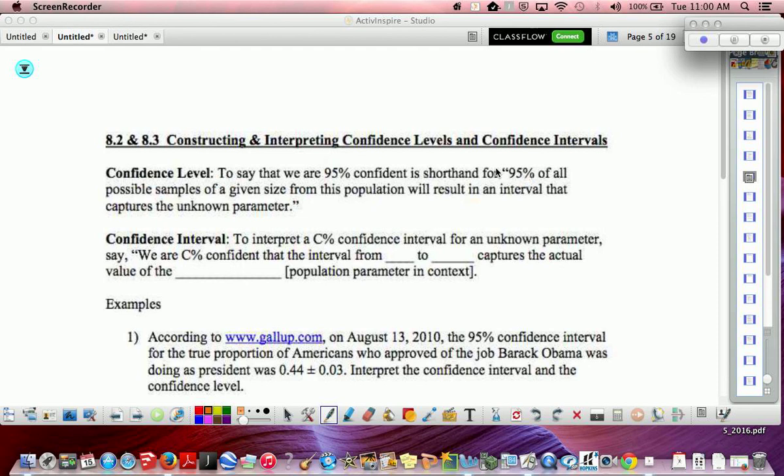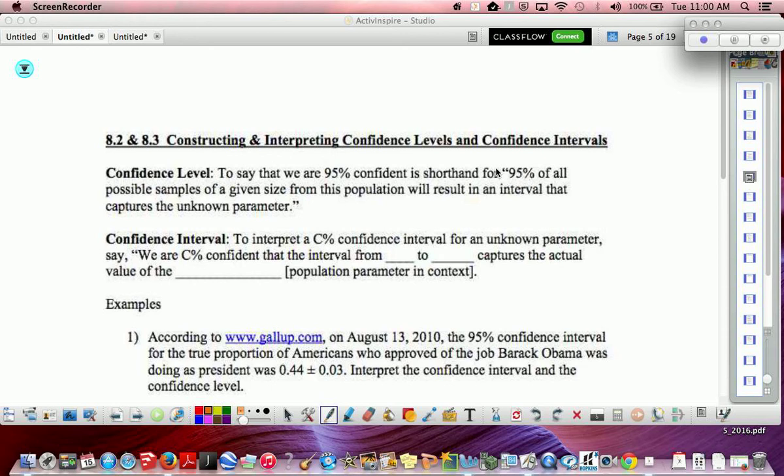Right, so in 8.2 and 8.3, we are going to now construct and interpret confidence intervals. Today we're going to talk about at least how do we go about interpreting our results when we actually get a confidence interval. What does it actually mean and how do we state it?